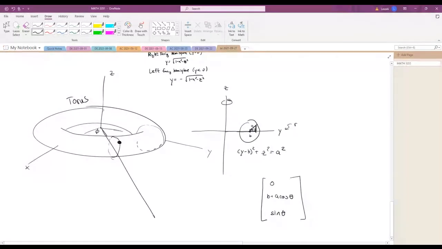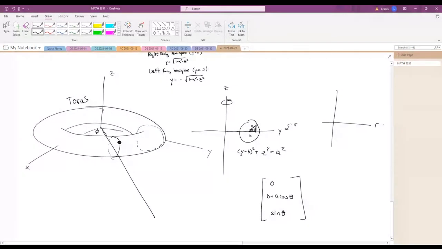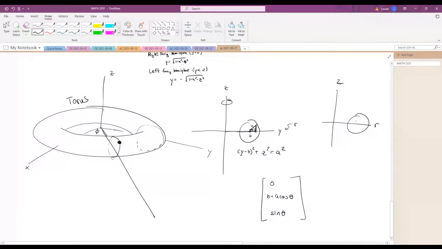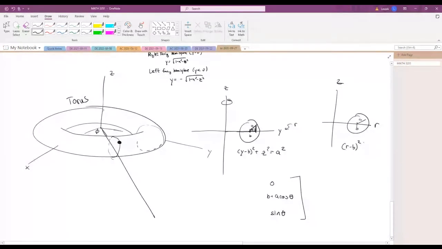So the distance from the z-axis. So this is r, r's positive, your circle. So that circle can be, I'll come back to this in a second. So we know the equation of that circle.